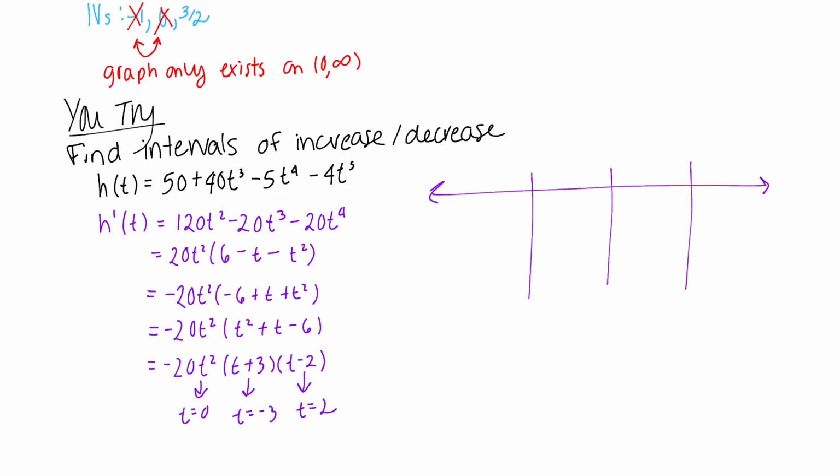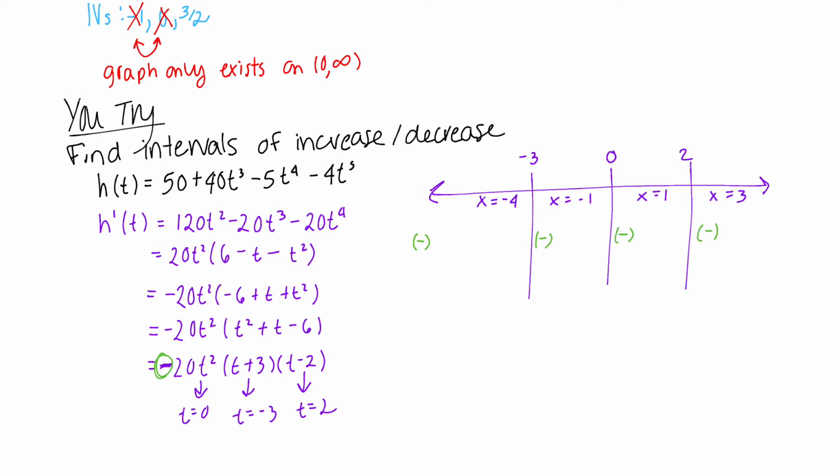Making ourselves a sign chart. Negative 3, 0, and 2. Just choosing some test points and then plugging them into here. Something to keep in mind, this very beginning thing is negative. If I just circle this, there's a negative in front of all of these because that negative 20 out front is negative.